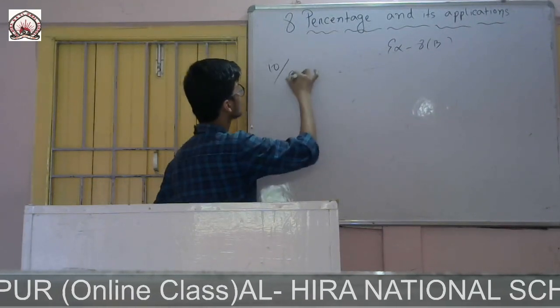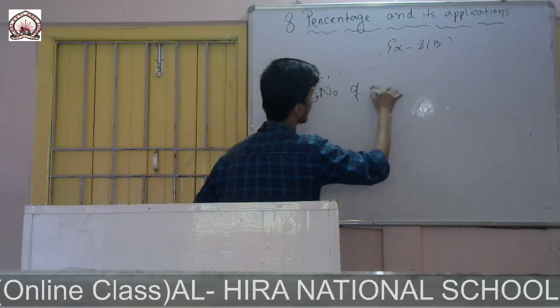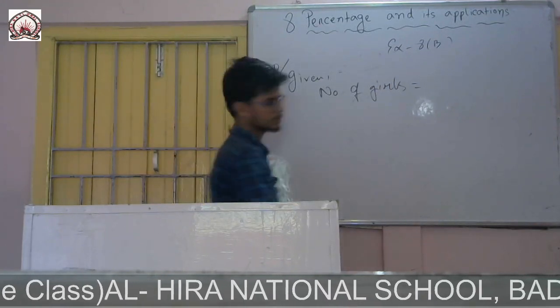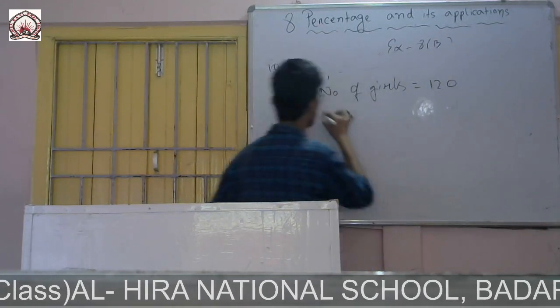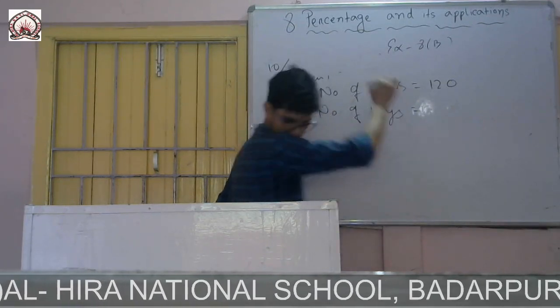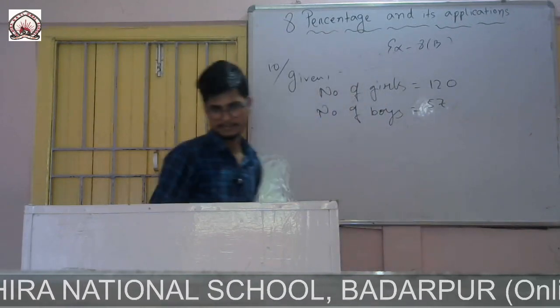Given: number of girls is 120, number of boys is 57.